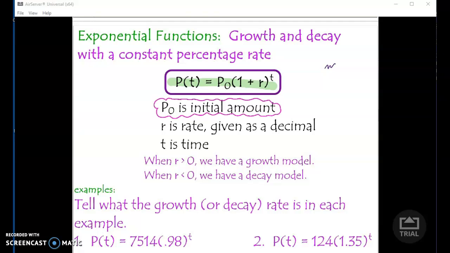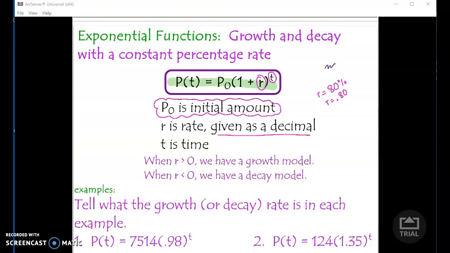R here is going to be our rate, and that has to be given as a decimal. So if they tell you the rate is 80%, then you would have to use 0.80, not 80 as a percent. And t, the exponent here, is going to be time. So it's always 1 plus this.